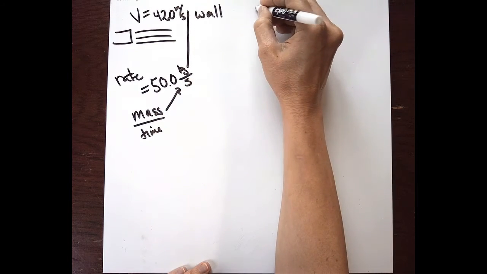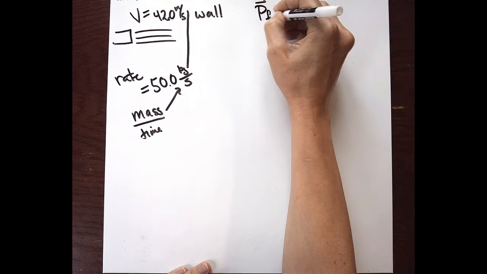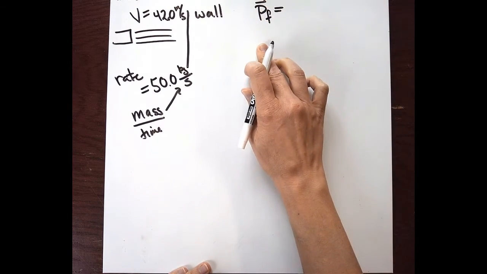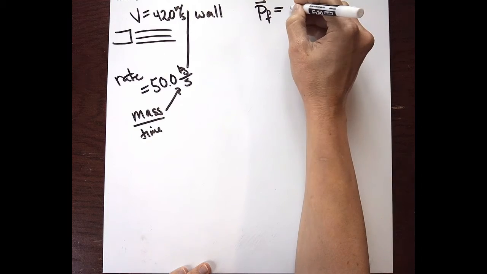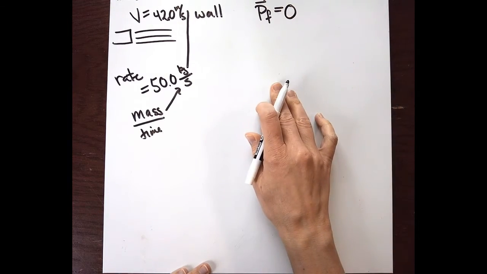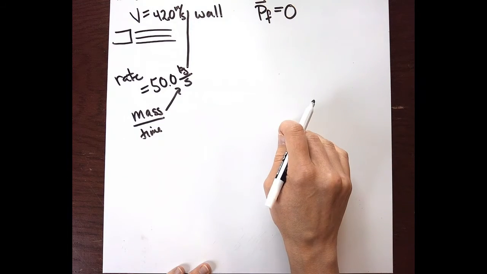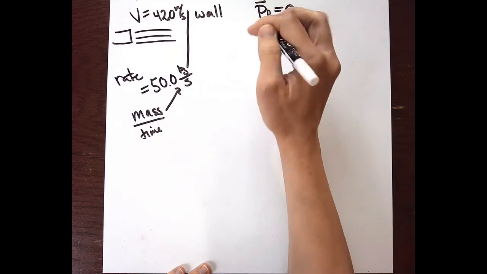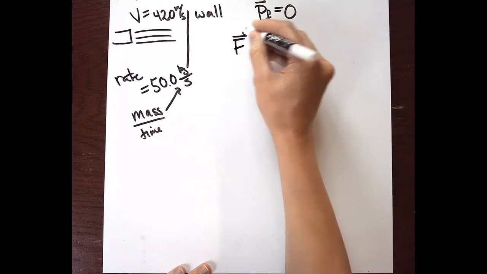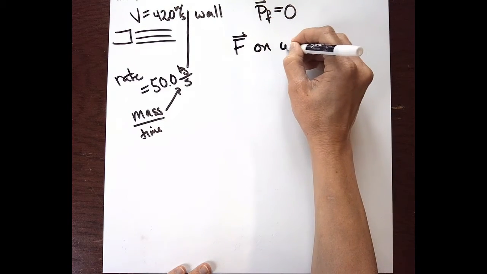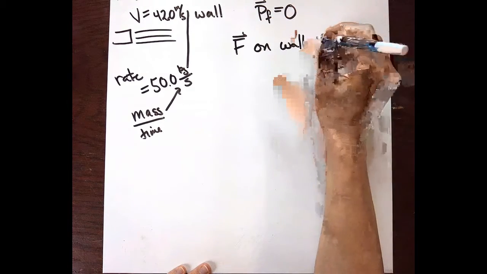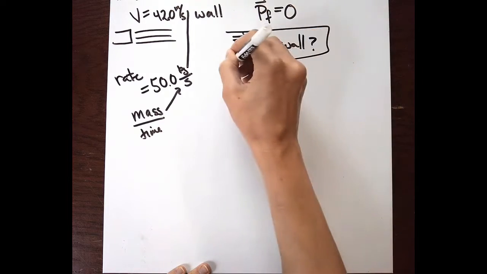They also tell us that we'll assume that the final horizontal momentum of the water after it hits the wall is 0. So apparently we're only carrying what's going on horizontally. And they say, if you assume that, tell me what the force on the wall is. That's the goal here.